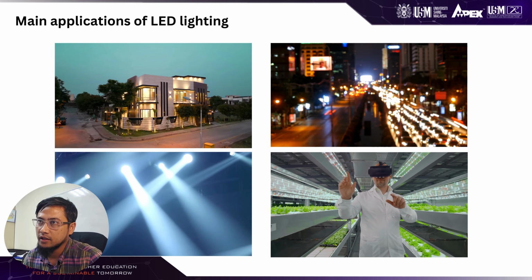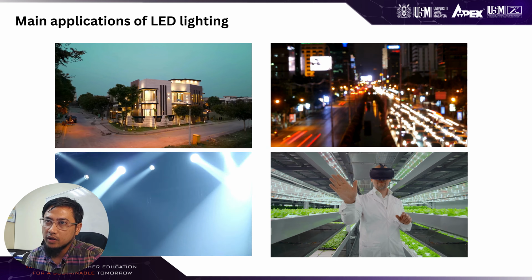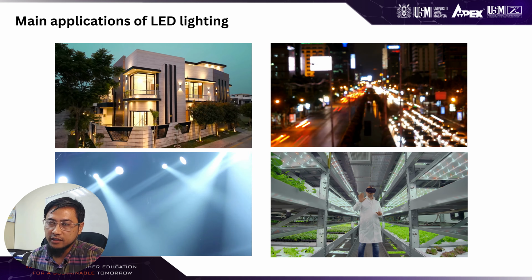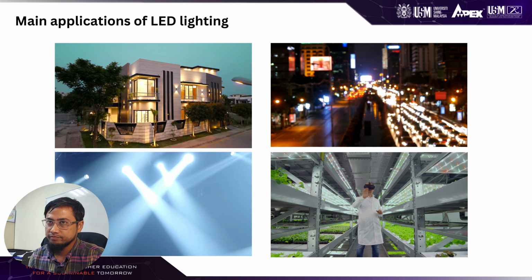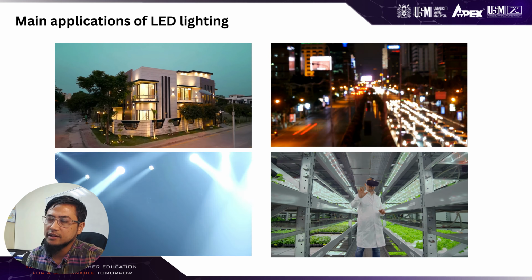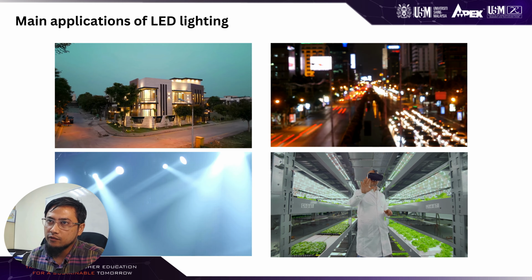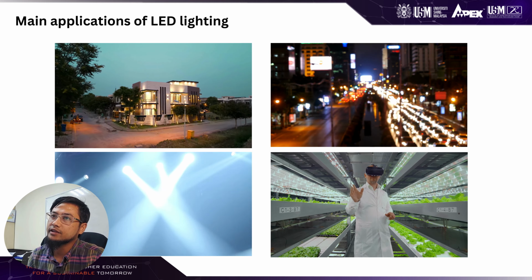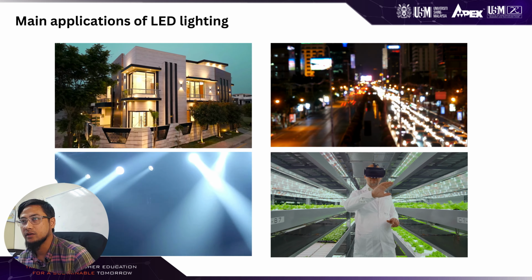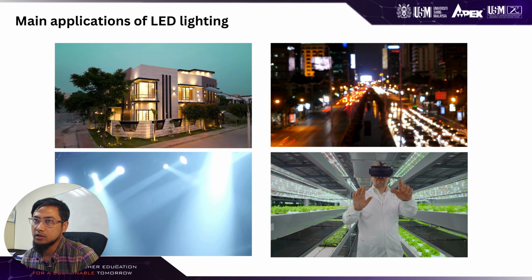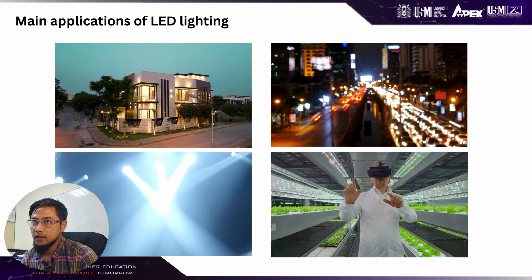At the bottom left, we use a lot of energy for stage lighting, for entertainment, for sport, and so on. And more interestingly, at the bottom right, we also use LEDs as an artificial sun to grow our vegetables indoors, so that we can have our garden inside our home.